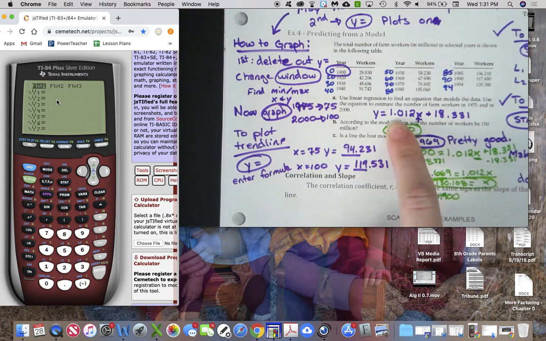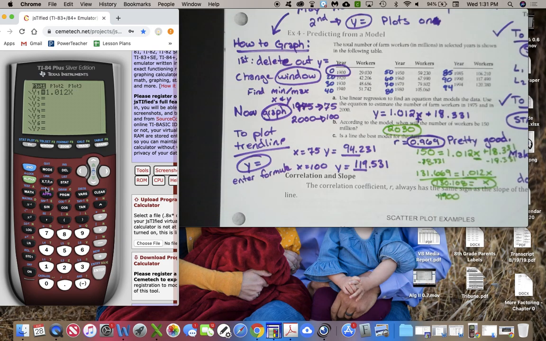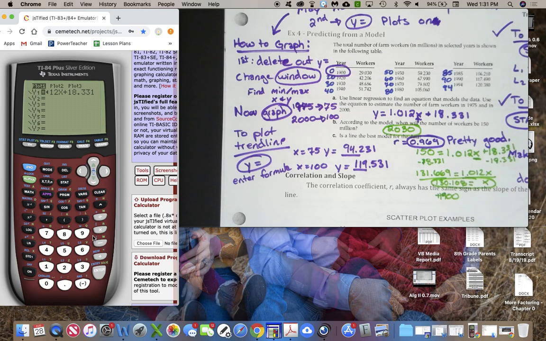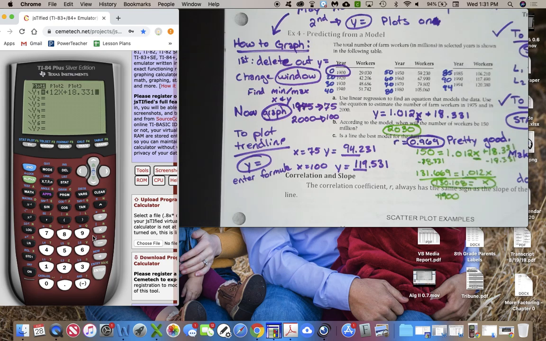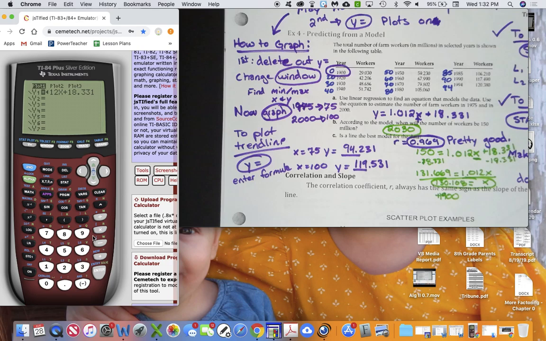So 1.012, I'm going to put x in there. X is this button right here, right below mode. Plus 18.331. Okay, I go to the y equals button to plot my trend line. Y equals, that's this button right here. And then I type in this equation that I got. Then you hit graph.